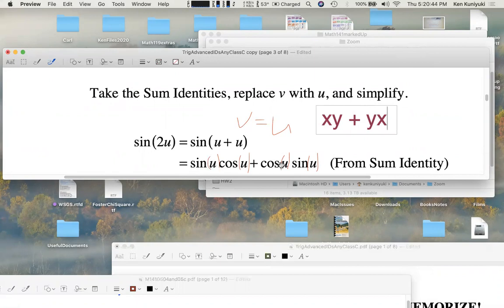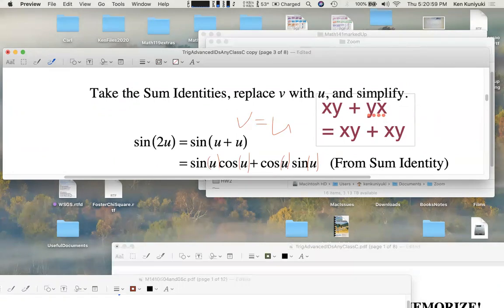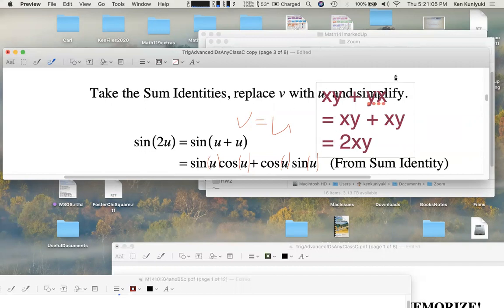These are like terms. Well, back here, how can you simplify xy plus yx? Well, xy plus yx is equivalent to xy plus xy because multiplication is commutative. And what is xy plus xy? It's twice xy, 2xy.